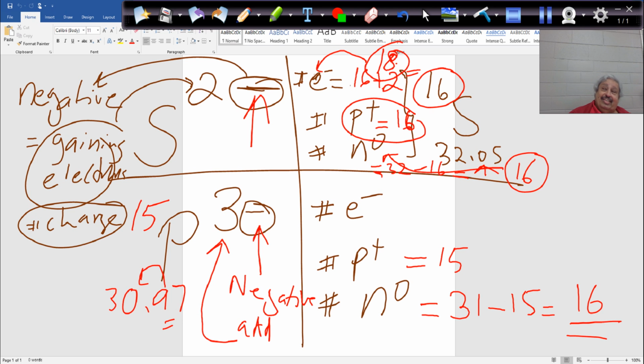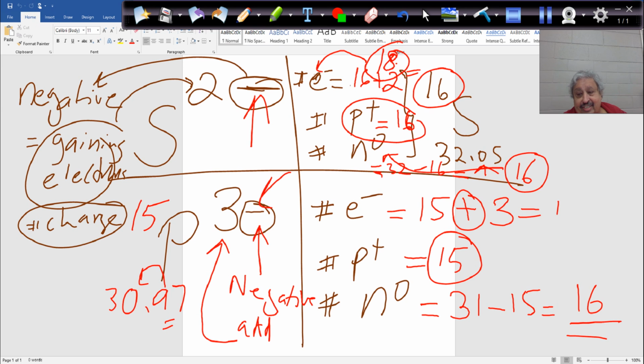Now the electron is a problem, but not a big problem for us, because this negative means I have to add. So the 15 is the number of the protons and number of electrons in the neutral one. I have to add because you have a negative charge here. Negative charge, I have to add how much? 3. So this is 18. Everybody got the idea? Okay, good.